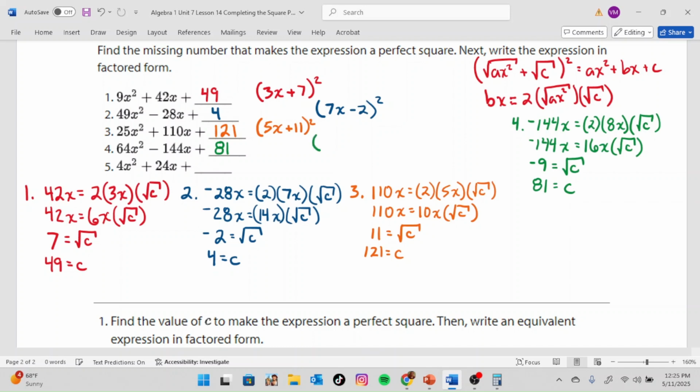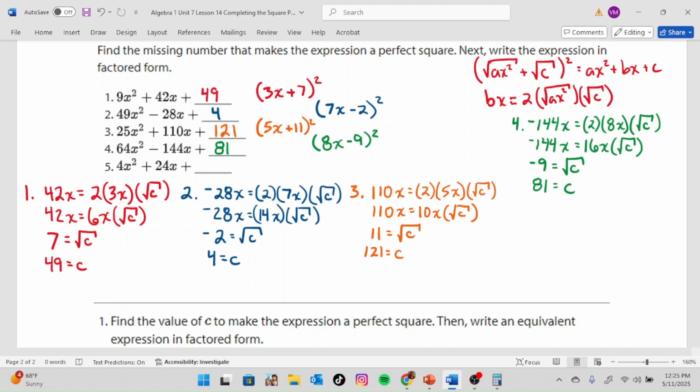In factored form, we have the square root of ax squared, which we said was going to be 8x, plus the square root of c, which we said was negative 9, squared.